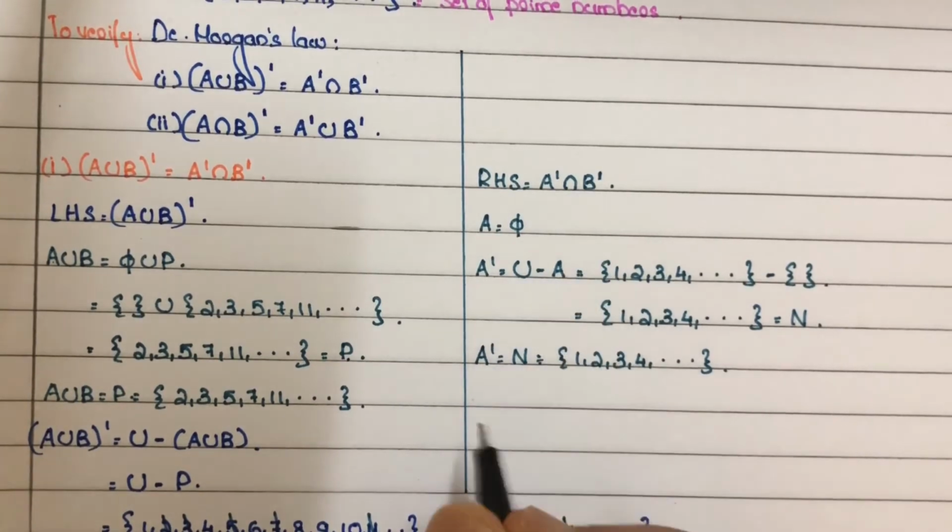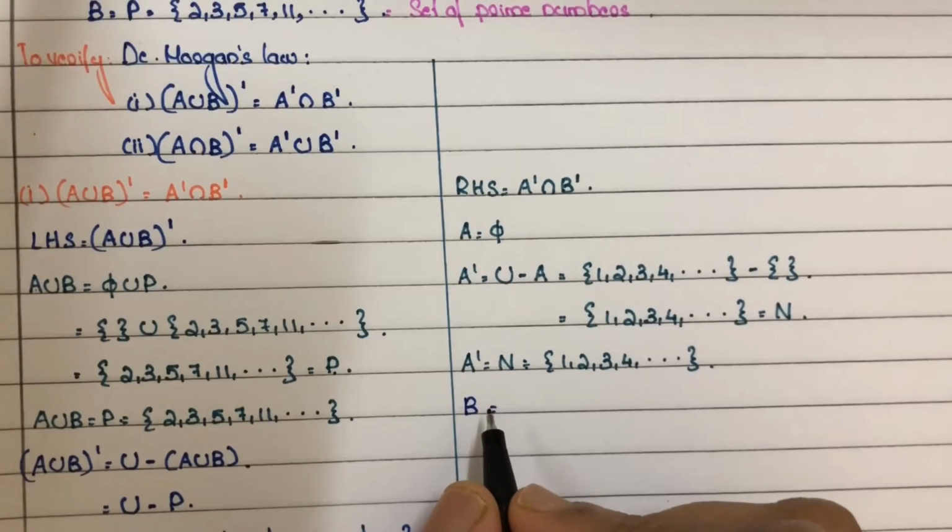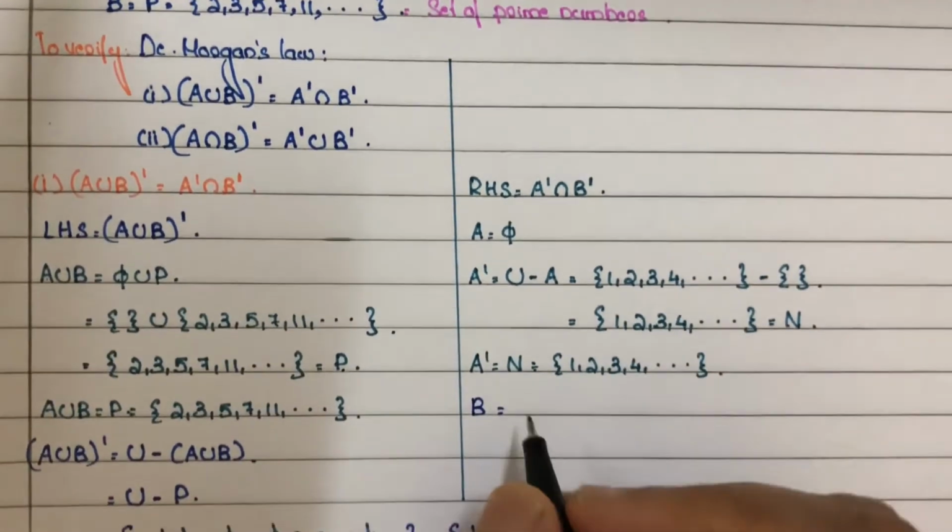Next B complement. It is given B is equal to P, set of prime numbers, right?